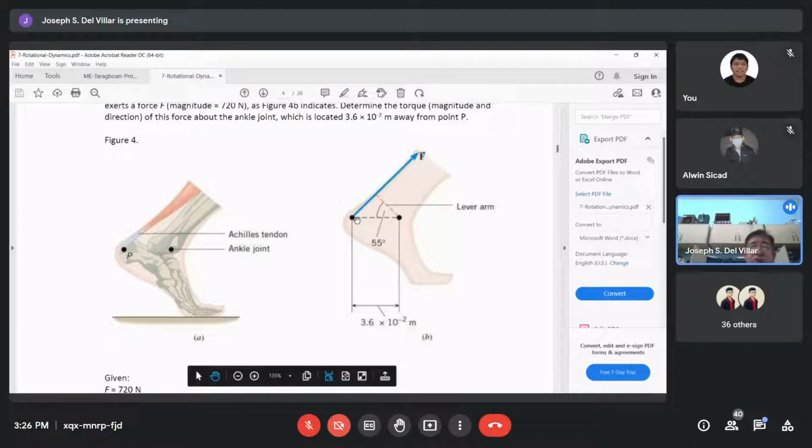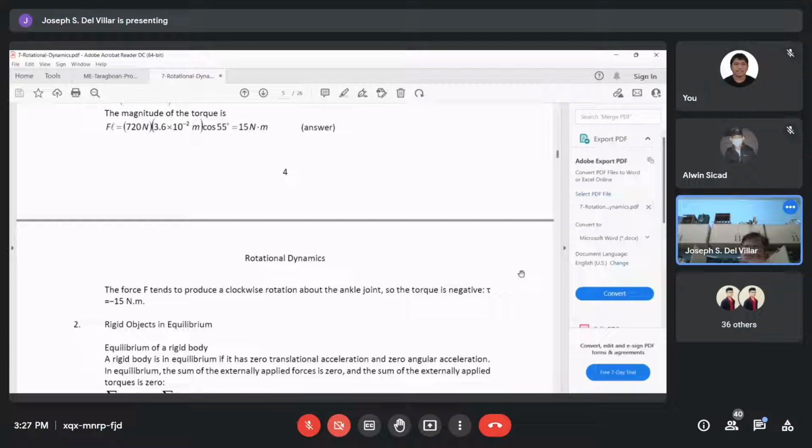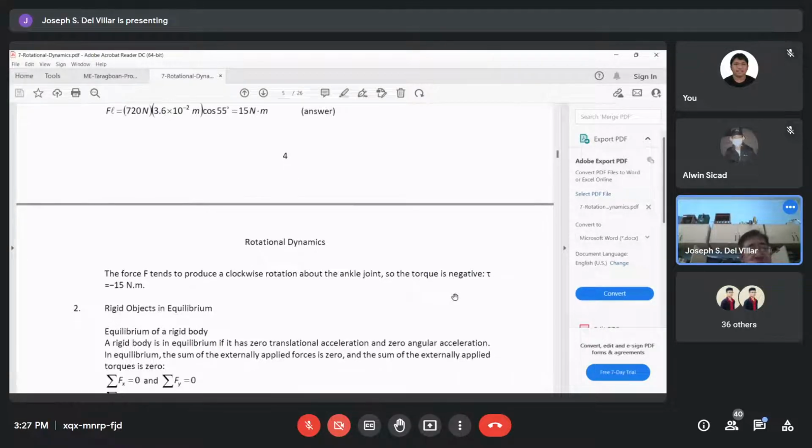Kasi yung vertical component niya, yun yung naka-perpendicular dito sa 3.6 or yung 3.6 times 10 to the negative 2, naka-perpendicular dun sa vertical component ng force. Okay? Okay, next.